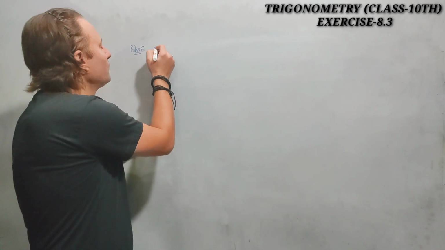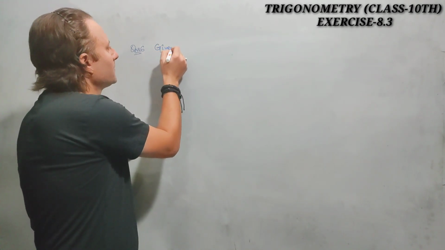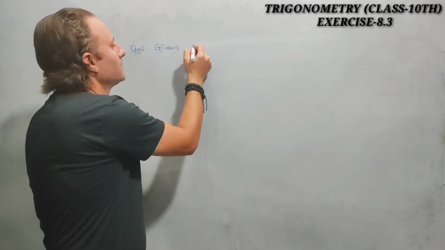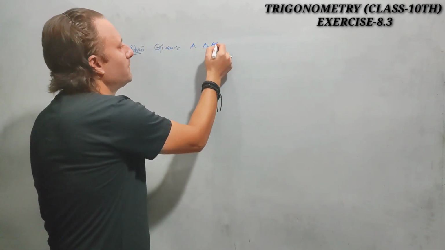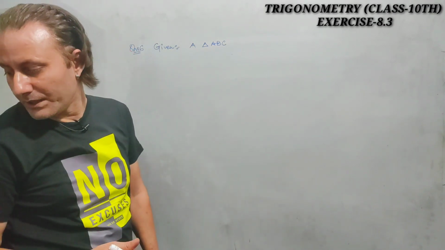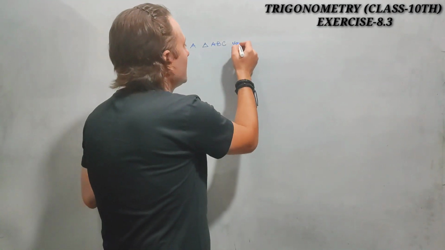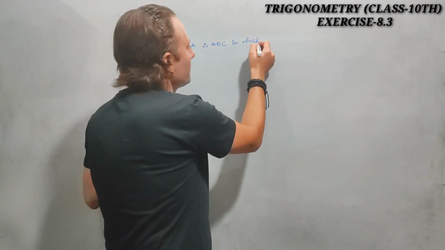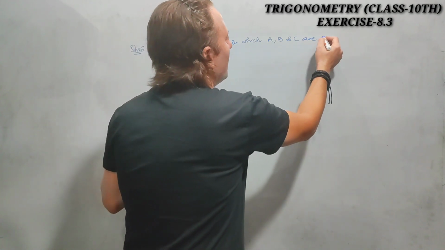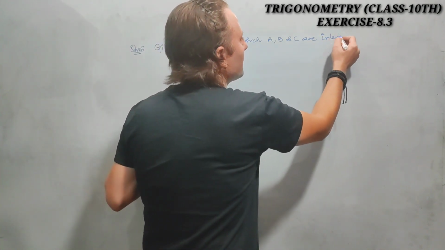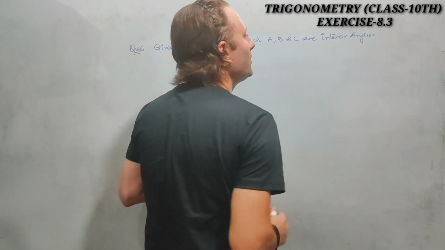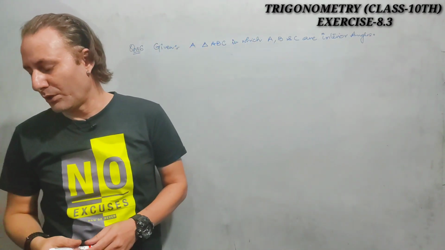So what is given actually? We have a triangle ABC, in which A, B and C are interior angles. They are all in the triangle, so not outside.